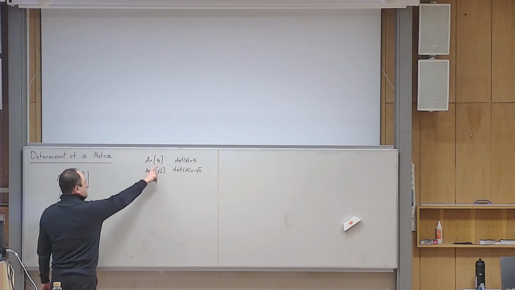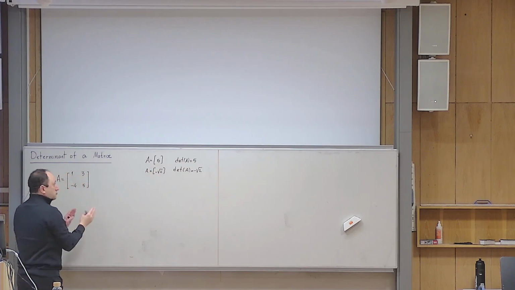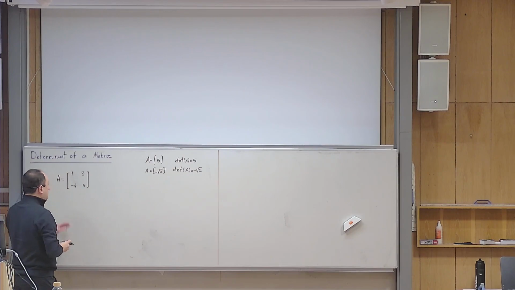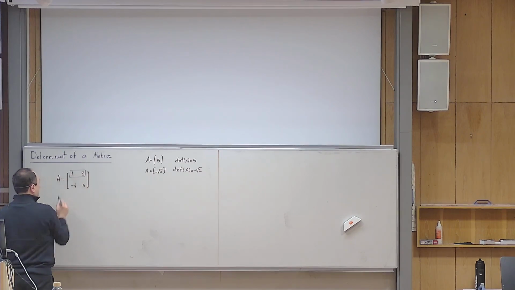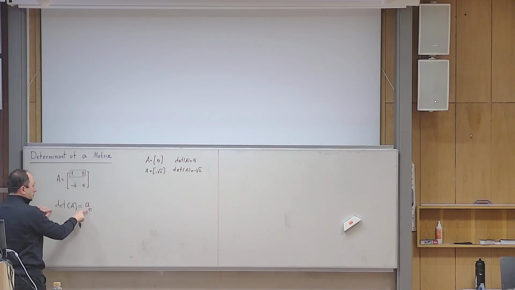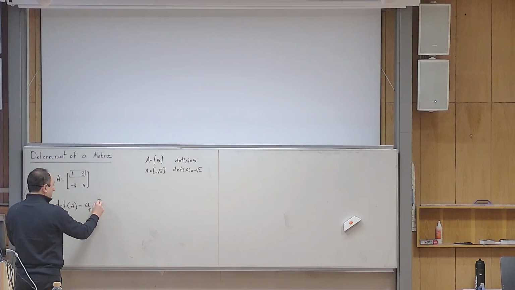This matrix is 1 by 1, then the next bigger one is 2 by 2. That's an example of that one. So what you do, you concentrate on the entries of the first row. If I want to calculate the determinant of A, what am I supposed to do? I have to take A11, the entry on the first row and first column, and multiply it by a capital C11.